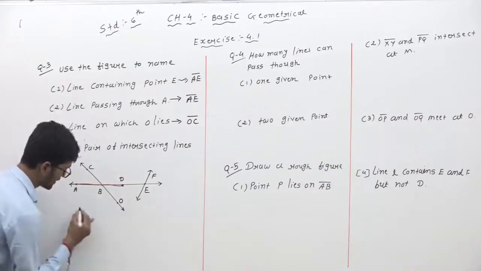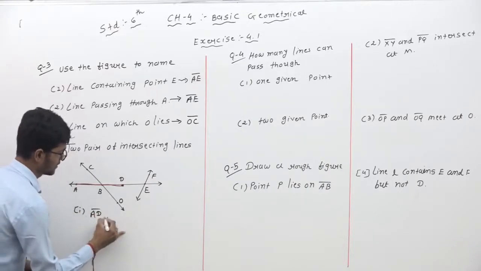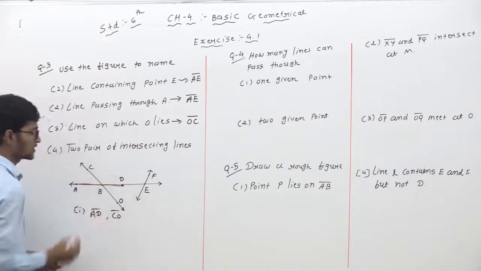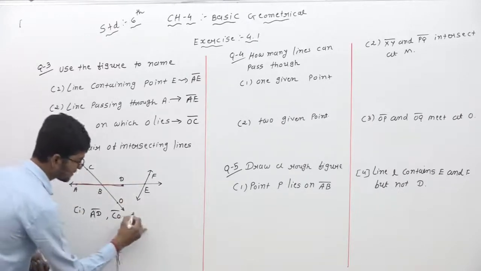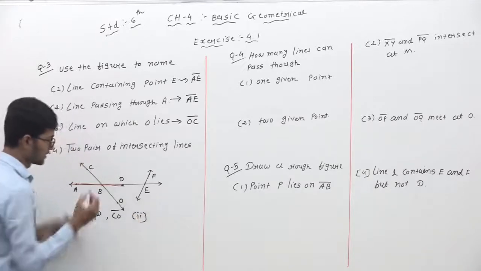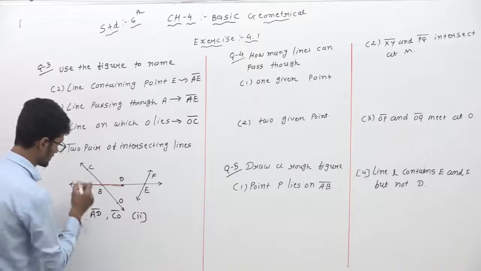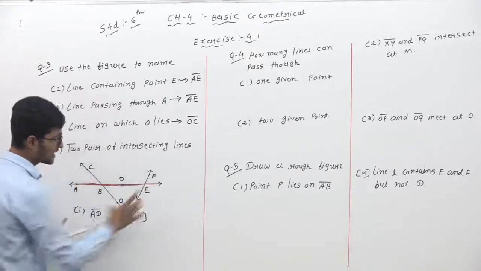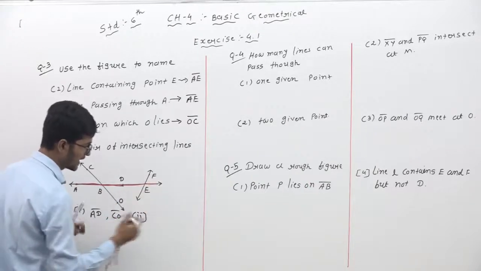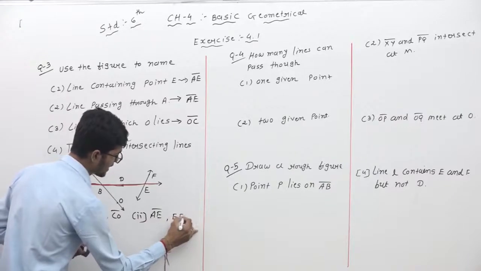So my first pair is AD and CO. This is an intersecting pair. AD intersects CO. And then my second pair: the full line AE, from A to E, intersects EF.